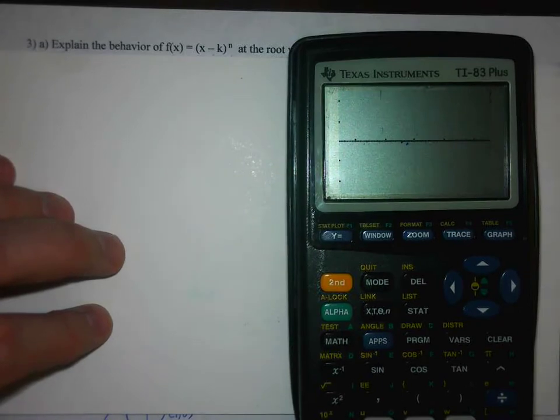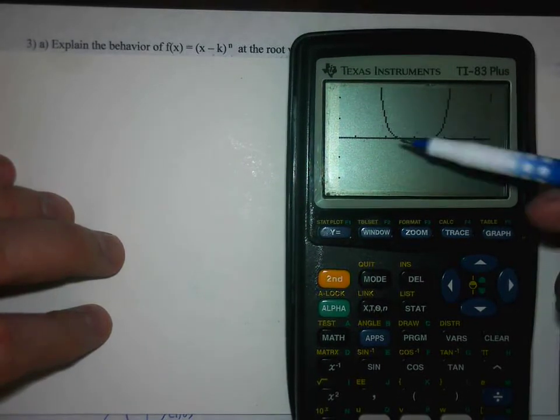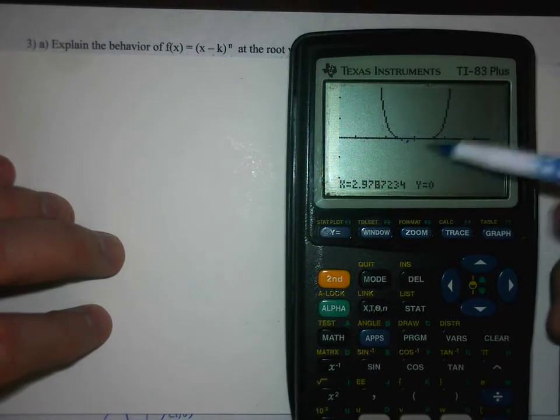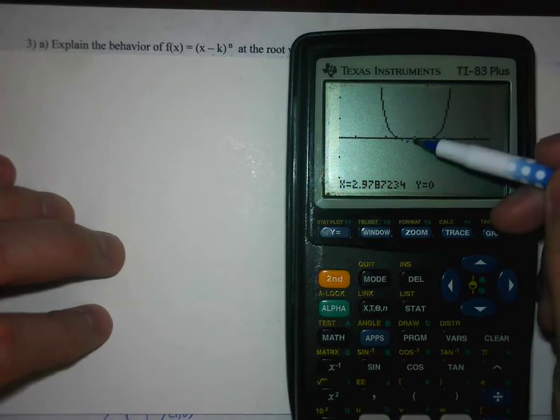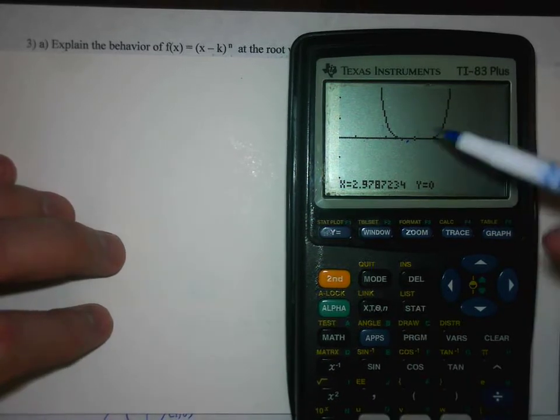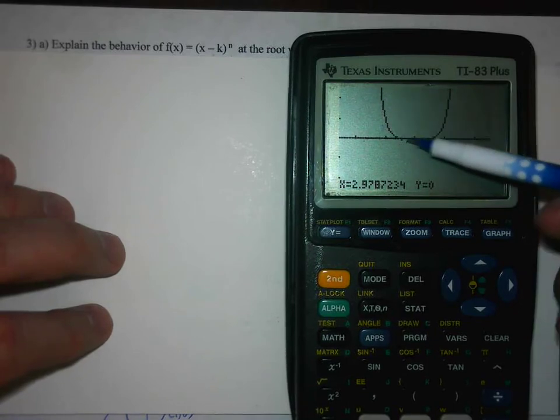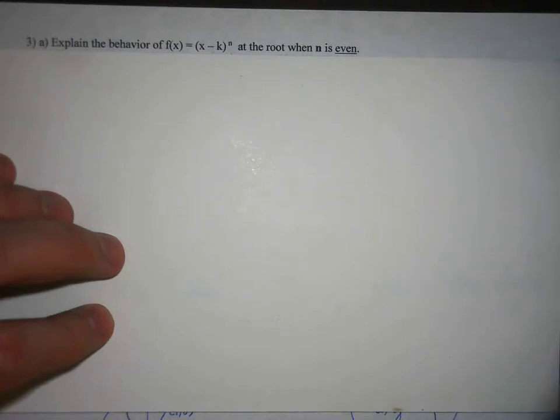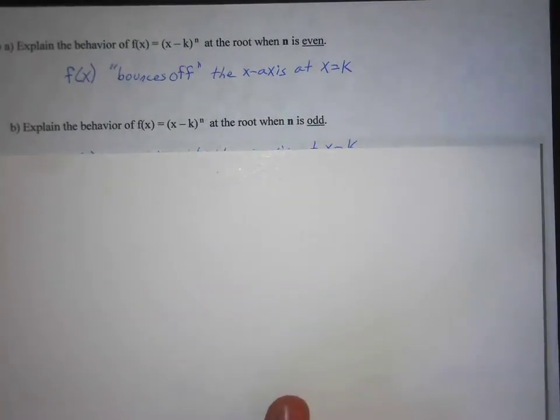There. Okay, notice what happens is we have that U shape coming down, and it comes very flat, but it hits right at that 3, 0 point. So it looks like the function kind of bounces off at x equals 3. Okay, so f of x bounces off the x-axis at x equals k.